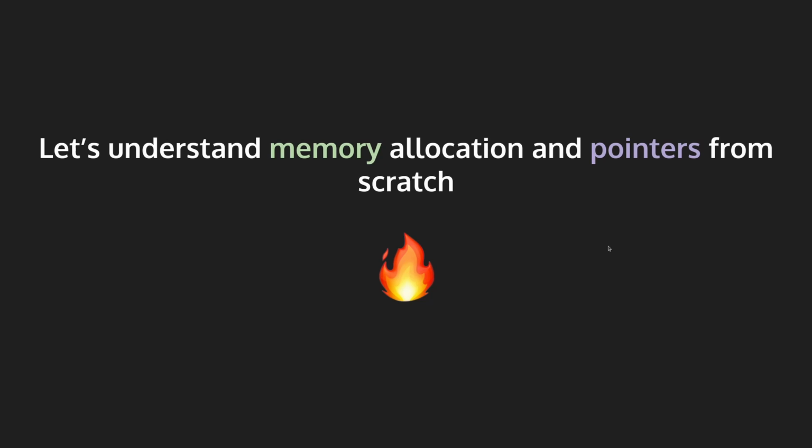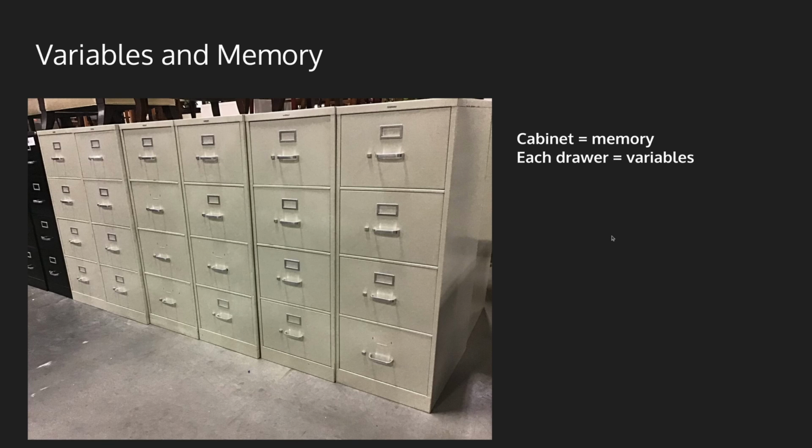So let's understand memory allocation and pointers from scratch. You can think of memory as an office filing cabinet. You can store items into the individual drawers in this cabinet, and you can think of variables as these individual drawers. Each drawer can store something, and it likely has a label so you know what the drawer stores.